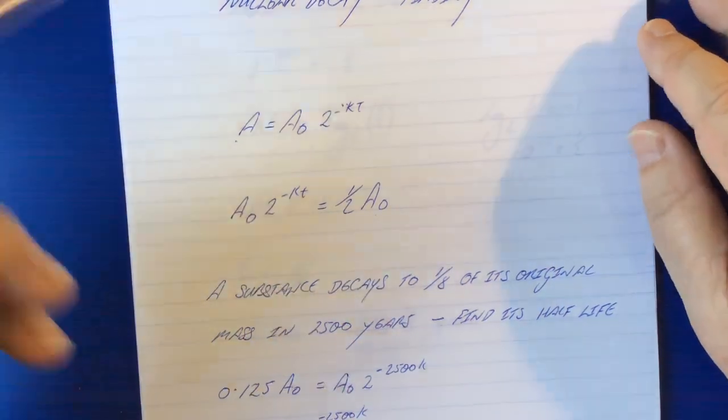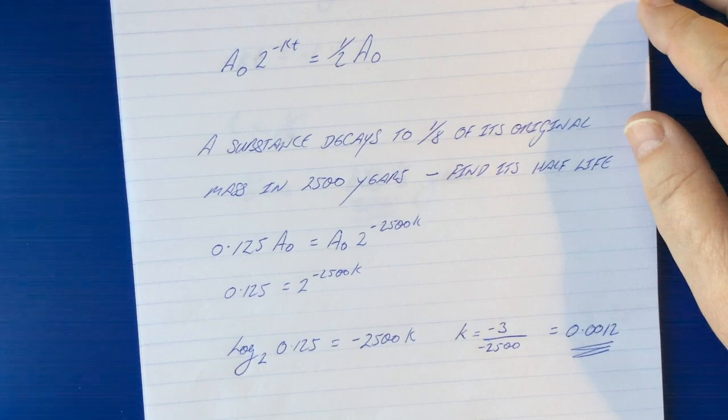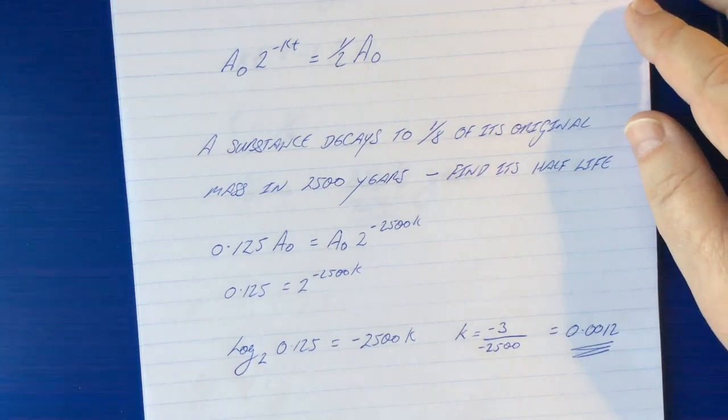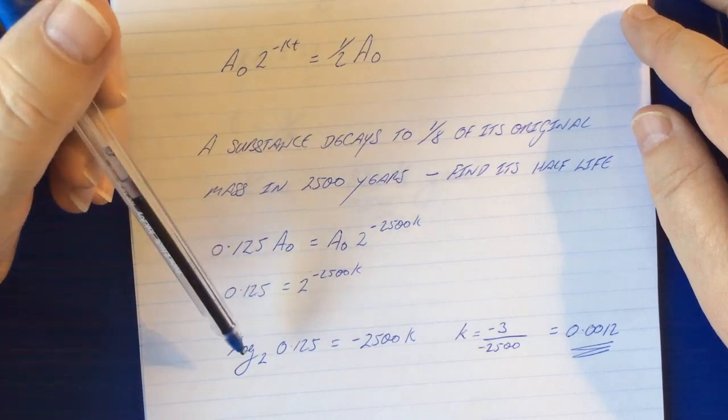So we're just going to solve quickly for that. If you want a more thorough explanation of how to solve for that, there's a video in this playlist on finding K.